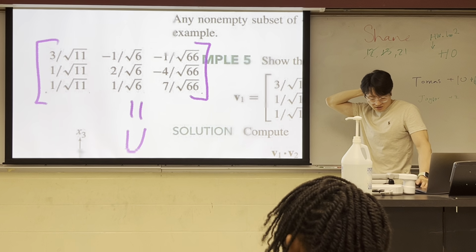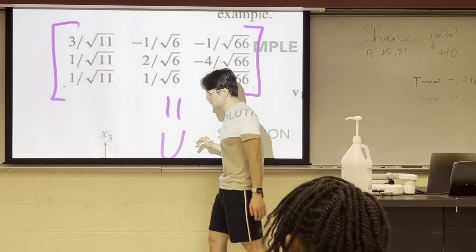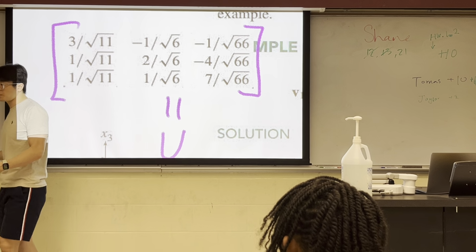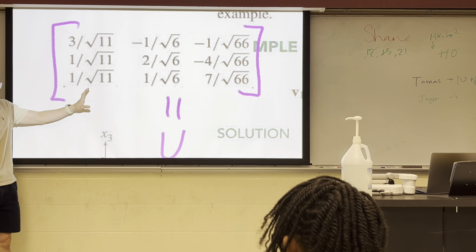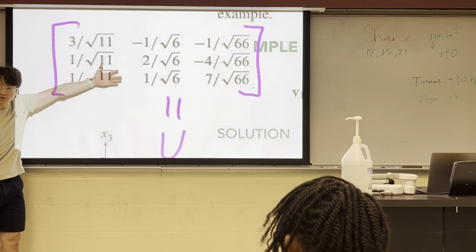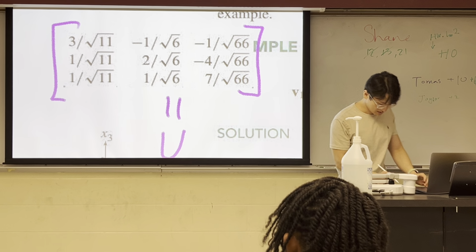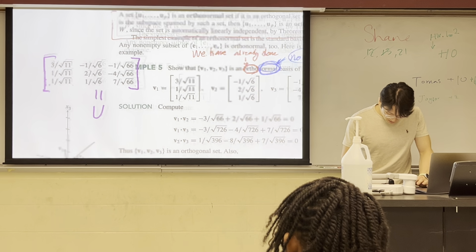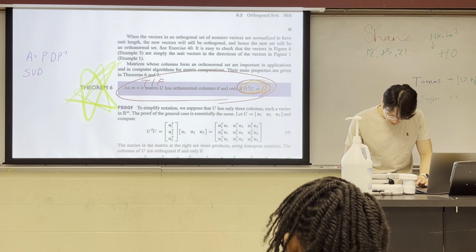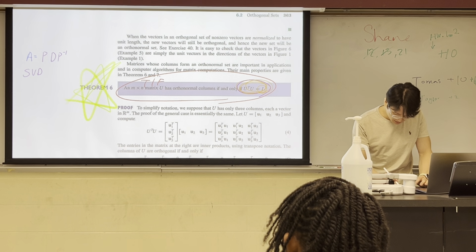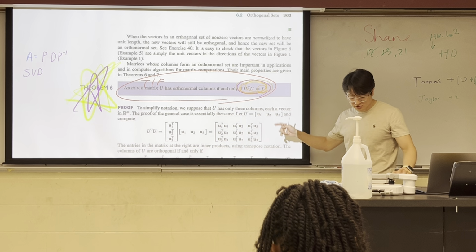U transpose. Yes. So let's say I give you some really crazy gigantic matrix with orthogonal vectors. If I ask you to find U inverse, you just simply transpose. Okay, don't panic. And why do you care about this?